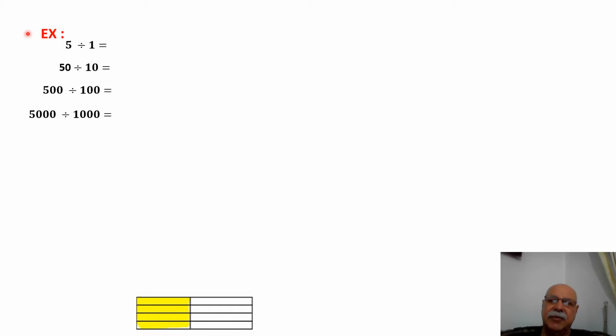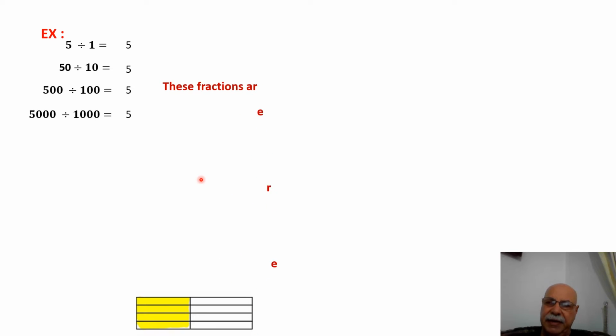When you see this, all the results are the same. 5 divided by 1 is 5, 50 divided by 10 is 5, 500 divided by 100 is 5, 5,000 divided by 1,000 is 5.